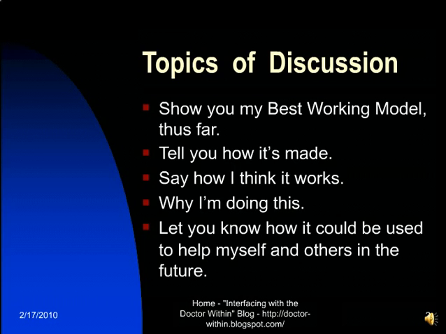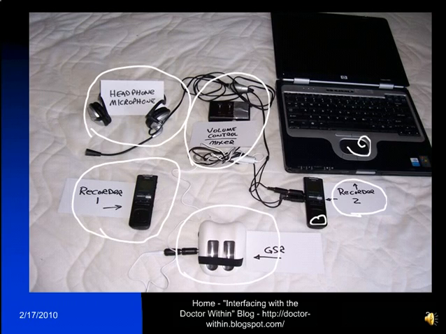Continuing along with that, in the previous sessions we had talked about the apparatus, consisting of a headphone, a microphone, and a galvanic skin response device, which is shown here, and a volume control and mixer, which is shown here.